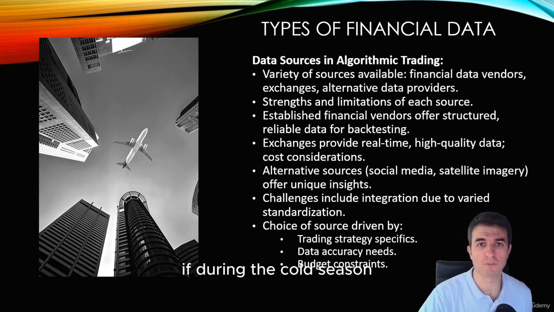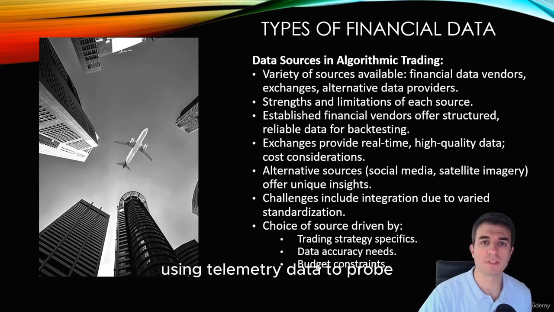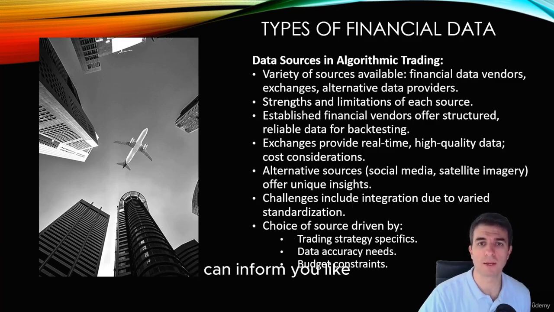Or in the opposite case, if during the cold season we don't have a lot of cold and there's a surplus of gas, the price of gas will start dropping down. Using telemetry data to probe or forecast the weather and using satellite imagery can inform you 1 week ahead or 10 days ahead on what might happen in the coming days.